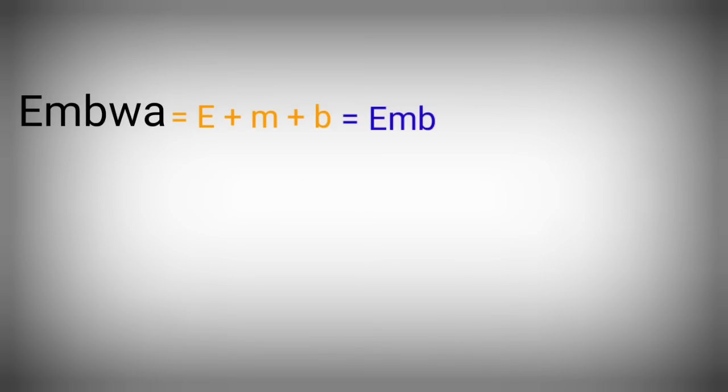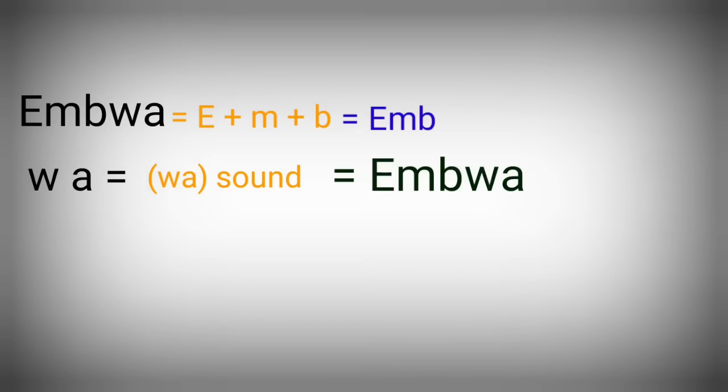Remaining letters W and A. A is a vowel letter, forming wa. Altogether it is embwa.